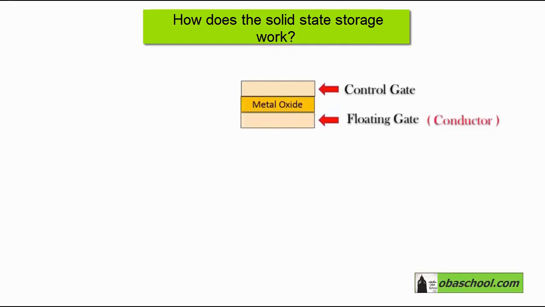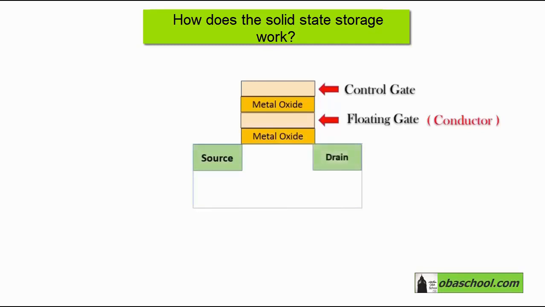The floating gate is also a conductor. That means electricity can pass through it. Then we have another layer of the metal oxide under the floating gate. Then we have below it the source and the drain. And all of these are connected to an electric circuit.